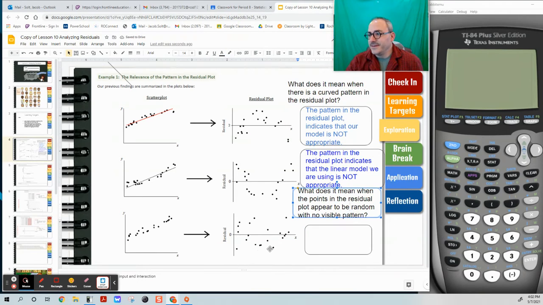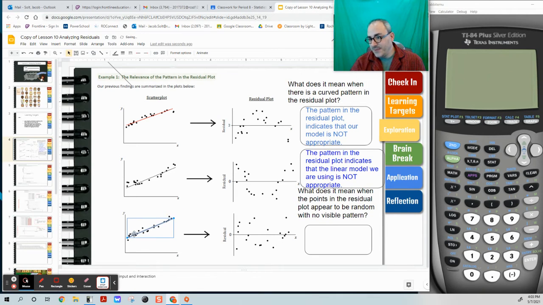All right. So what does it mean when the points in the residual plot appear to be random with no visible pattern? Like this residual plot, there's no pattern on this one. I'm not going to use the mouse this time, so I can't blame it on the mouse. Let me draw a line with my trackpad, which for some reason is more accurate today than my mouse.